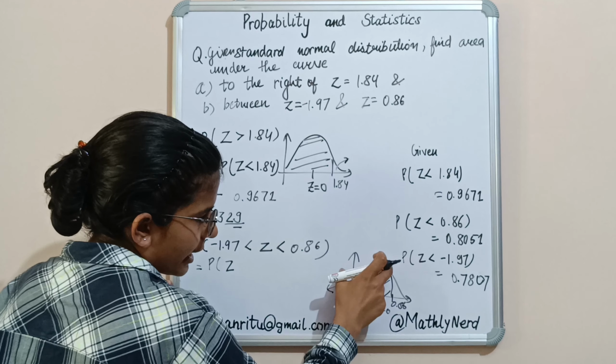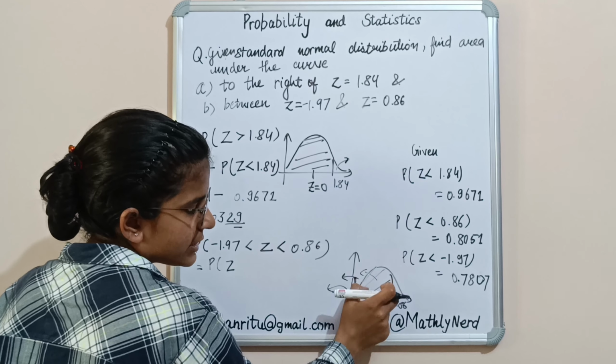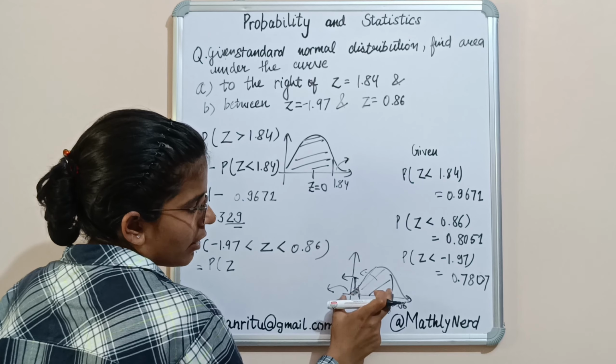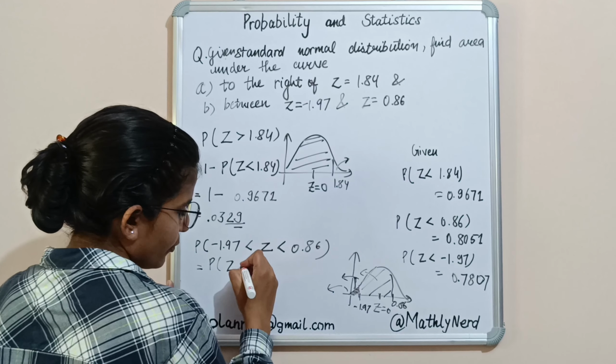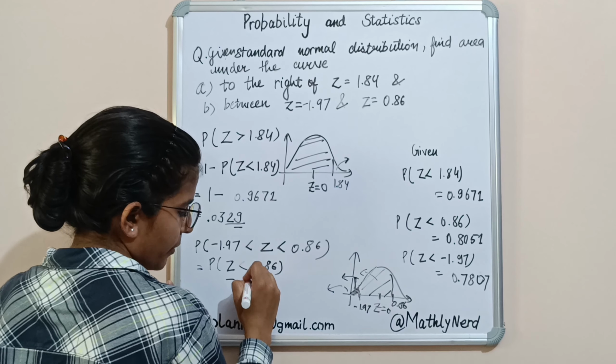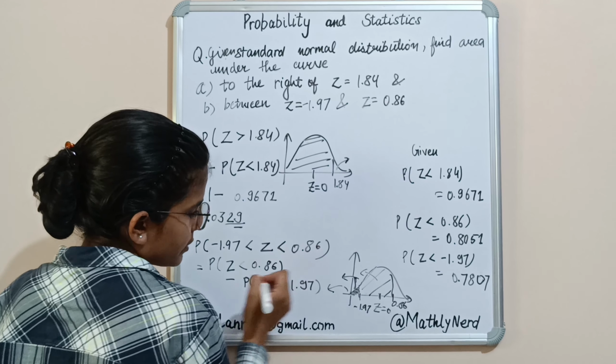Now if we have this whole area and this smaller area, and we have to find this area, we will subtract the smaller area from the whole area. So this will be the probability of Z less than 0.86 minus the probability of Z less than minus 1.97.